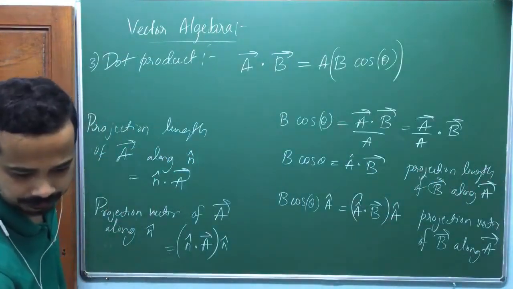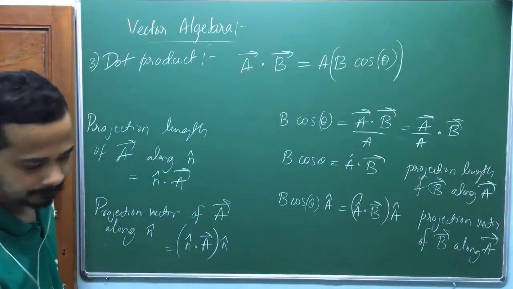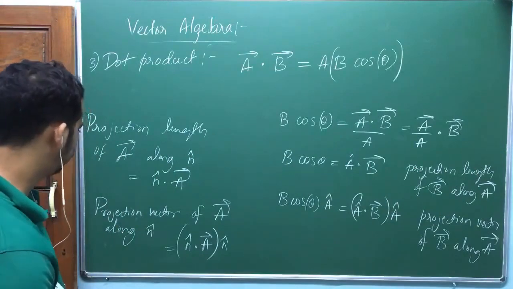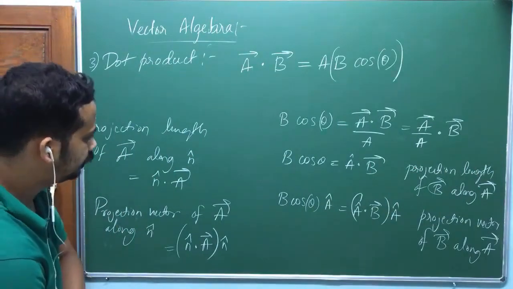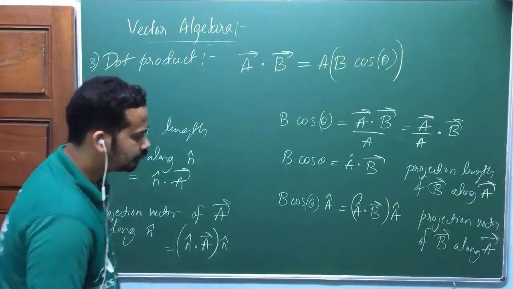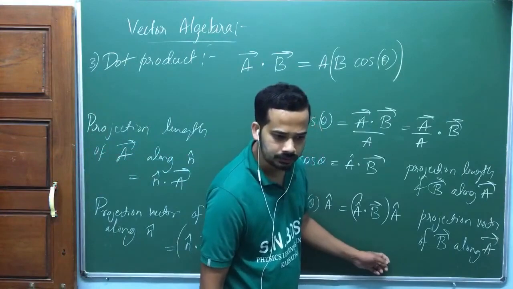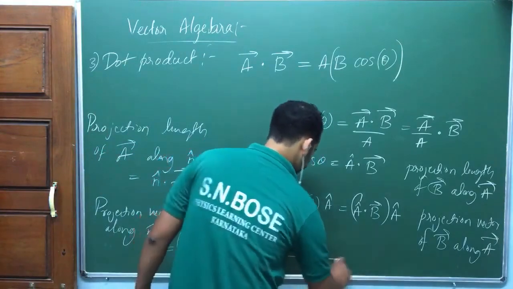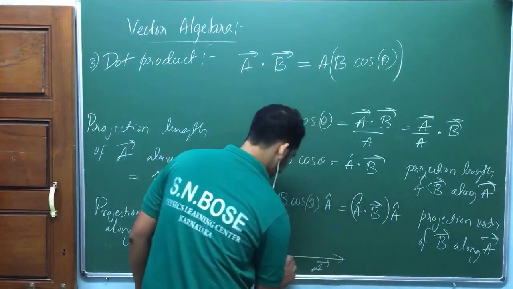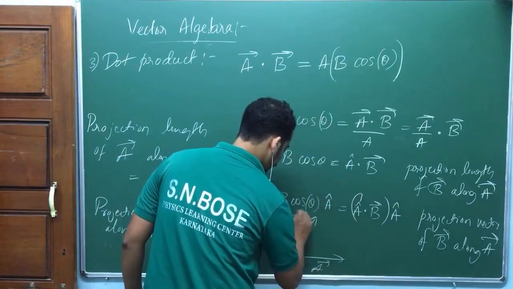Sir, this last one, projection vector of B along A, please define again. A here, B here.